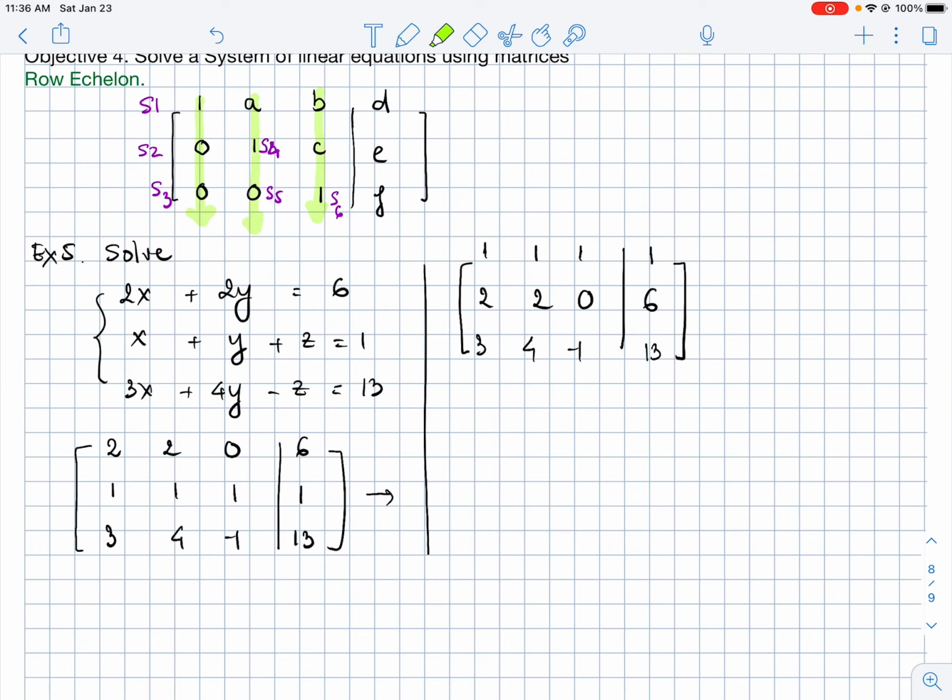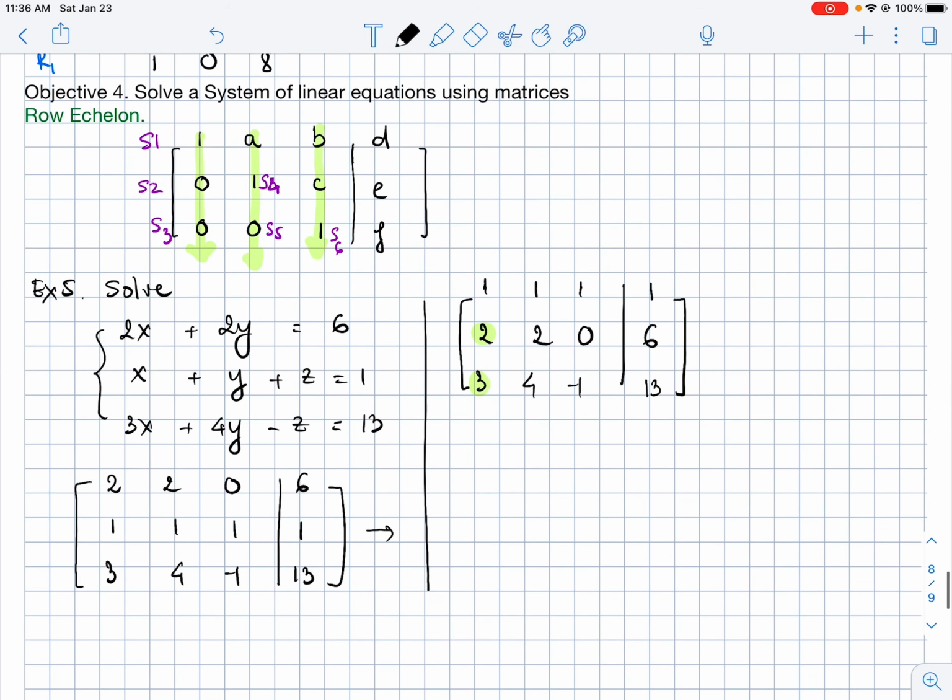Okay, so the next thing we do is make this position become 0 and this become 0. In order to do so, we think about the variables. At that location, what do we have? The first one is 1x, the second one we have 2x, and the third one we have 3x.